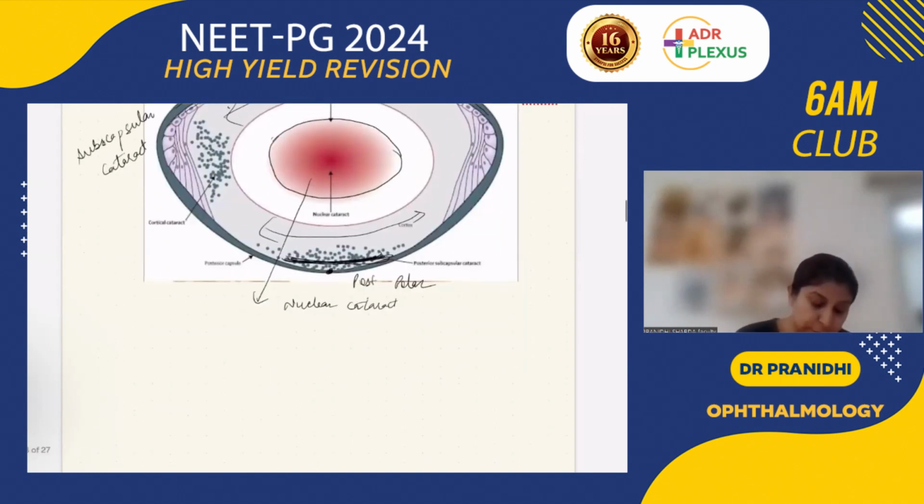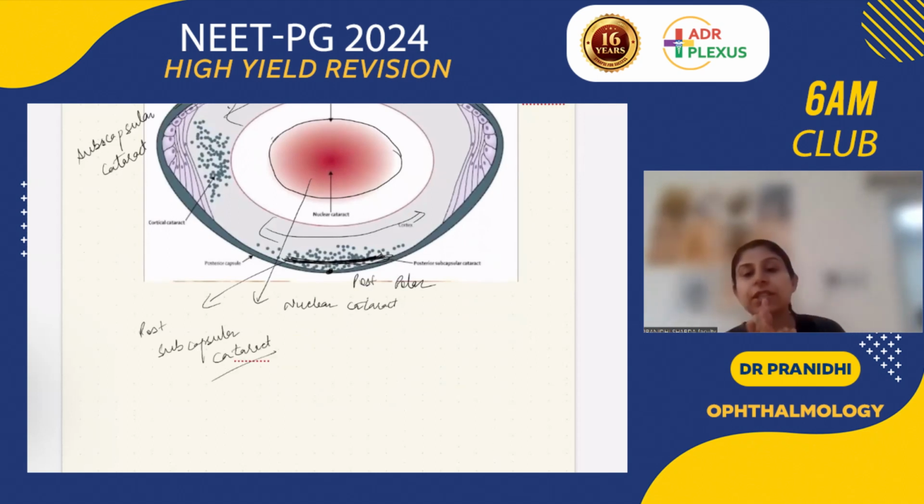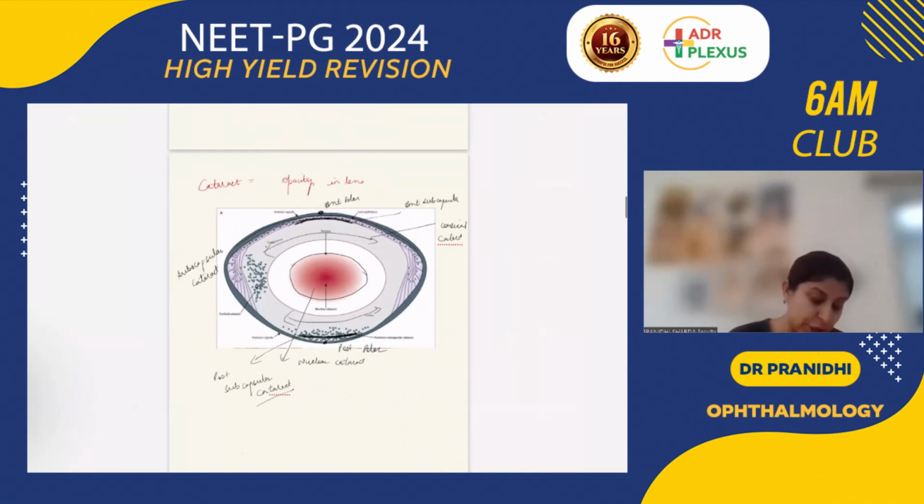And just in front of the posterior capsule, this is the posterior subcapsular cataract. Okay, the anterior subcapsular, posterior subcapsular, nuclear, and the cortical. Cortical can be present here, here, and here. So this is the morphological classification.